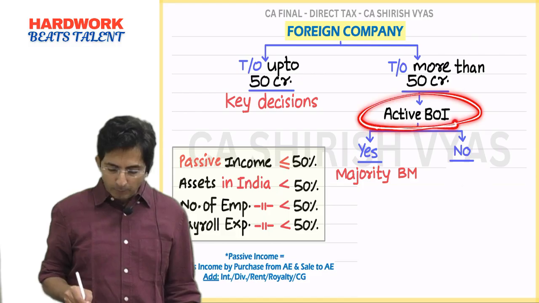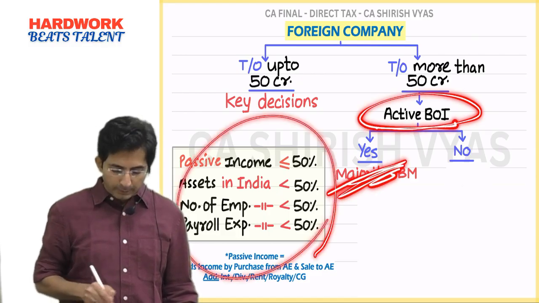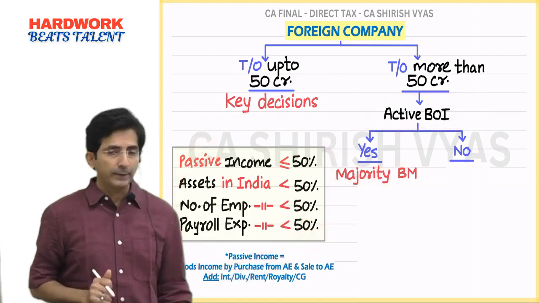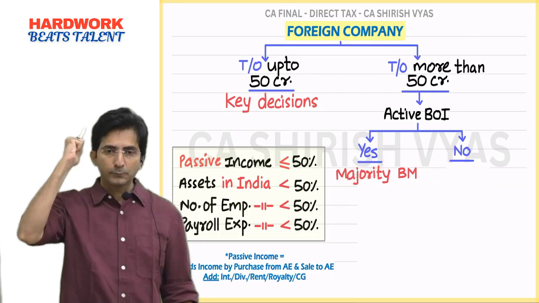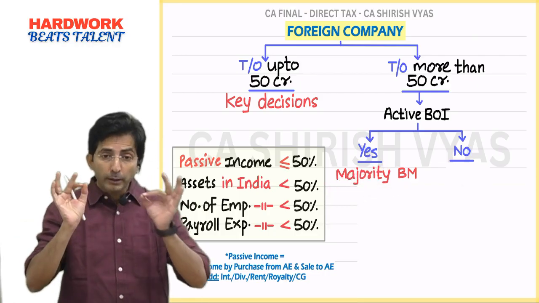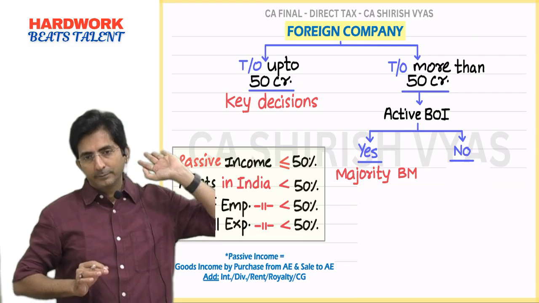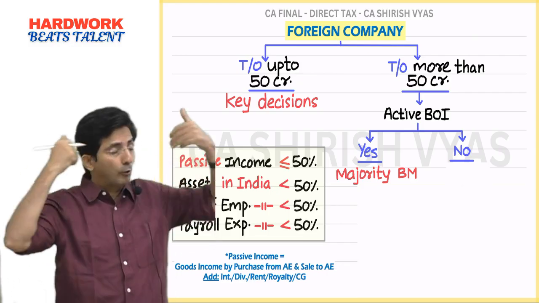See, if active POEM, yes, means what? Yes means assume all 4 conditions are satisfied. So, yes, satisfied. Now you have to check one more thing. Your majority of board meetings should also happen outside. Then only you are a company of outside.